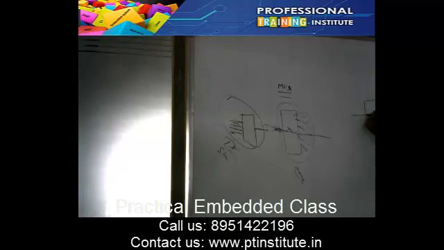Consider a demultiplexer with 4 outputs. How many control lines do I need? 2 control lines, 4 outputs: 0, 1, 2, 3. What can I give here? This is 2 input: 0 0, 0 1, 1 0, 1 1. Consider I give 0 1 here. What will it select? It will select this line. So how many lines does it select at a time? 1.